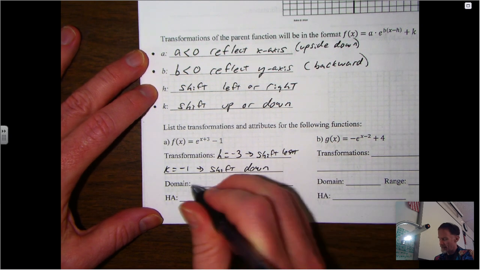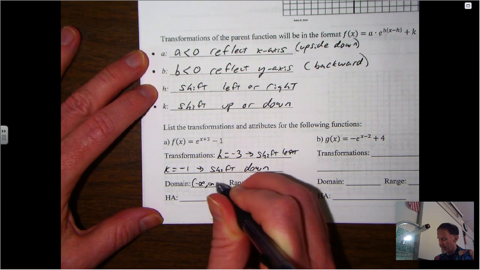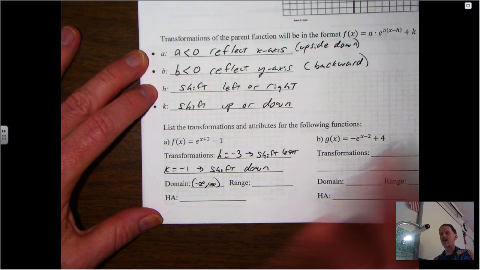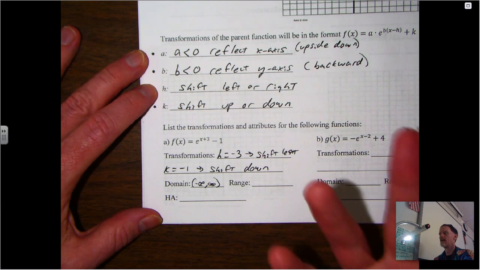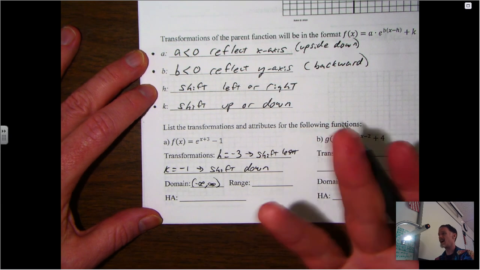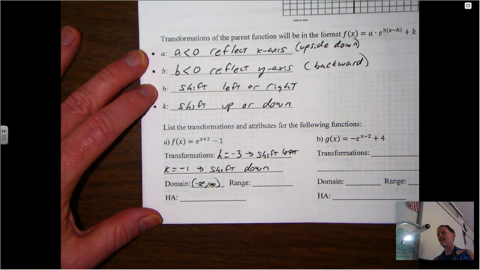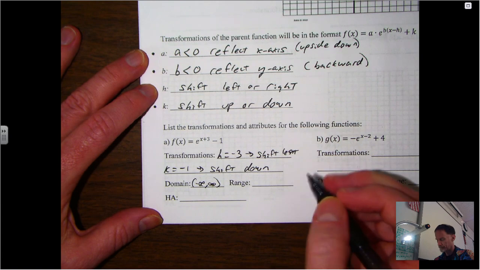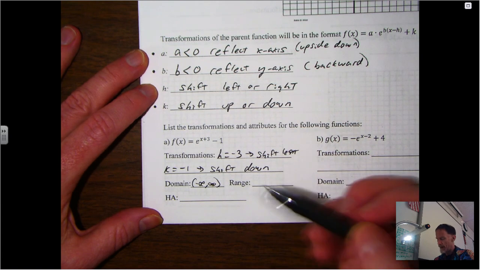Okay, the domain's not going to change. The only catch on the domain is that in a real-life situation, whether it's financial or scientific, we may restrict the domain just because there's no such thing as negative time. But in general, the domain of the function is always all real numbers. Okay, how about the range?